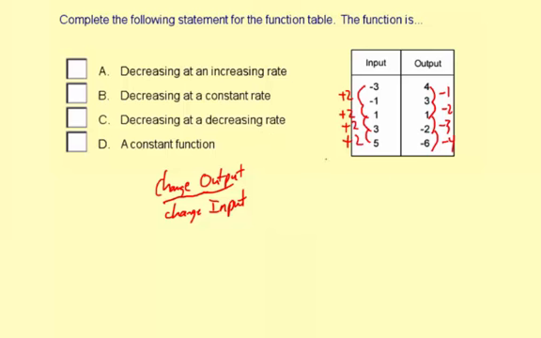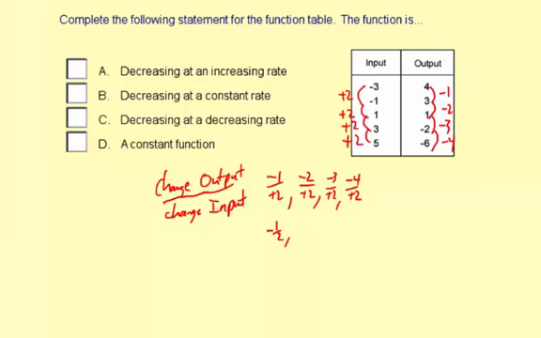Okay, the first output change is -1, and that's divided by +2. And the one after that is -2 divided by +2, then -3 divided by +2, -4 divided by +2. Let's go ahead and simplify these. -1 divided by +2 is -1/2.